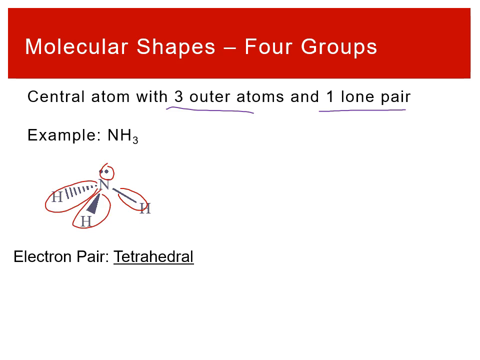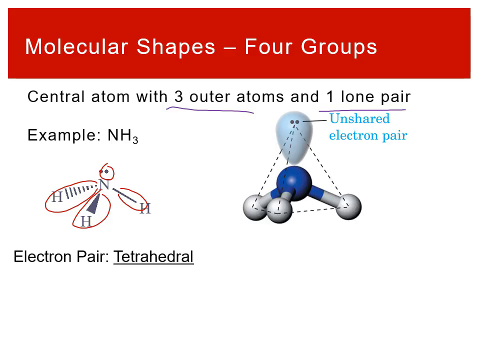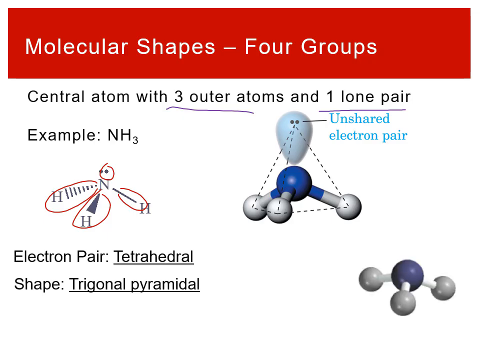And so, we're overall looking at this tetrahedral shape. We would expect to have the 109.5 degree bond angles. The lone pair has taken up some of our room. It fills that spot. But now, when I look at just the molecule for the shape, we call it trigonal pyramidal. Okay, so similar names we've seen before.